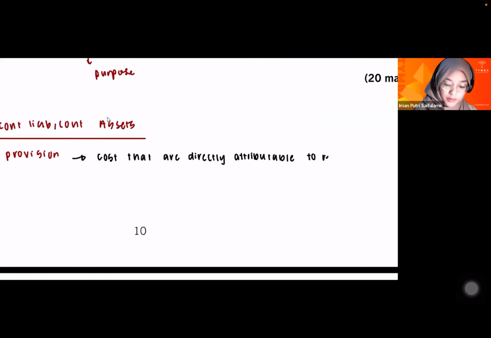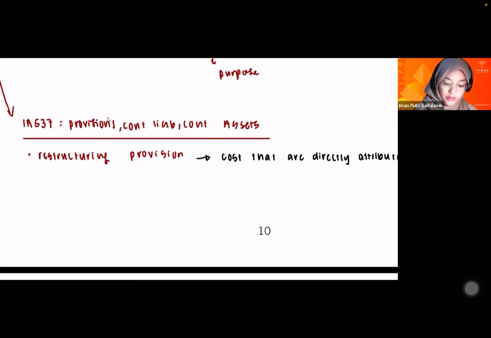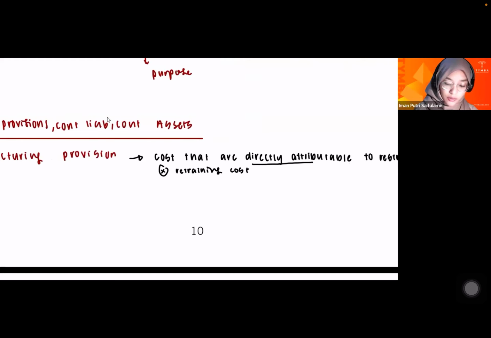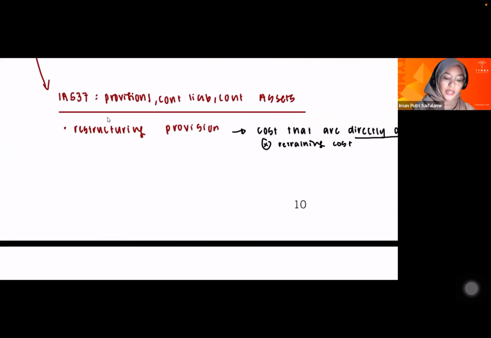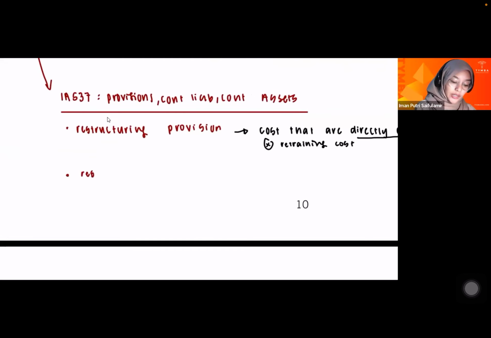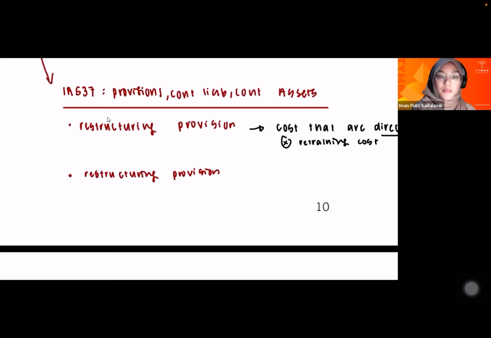For example, retraining costs should not be included. We should only include directly attributable costs. Another thing is, we will only recognize this restructuring provision when they meet certain terms. We have to meet these 2 terms. Can you guys tell me what the terms are?